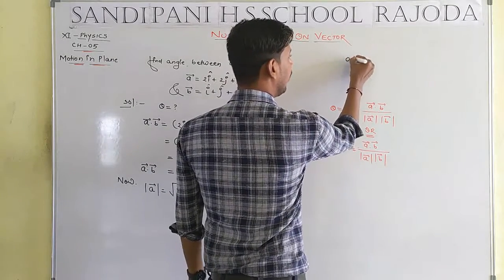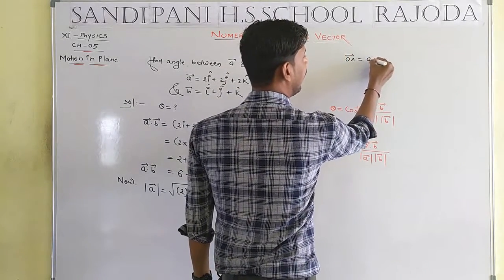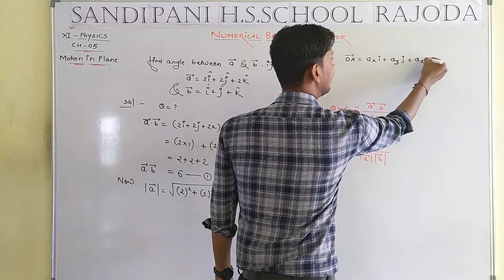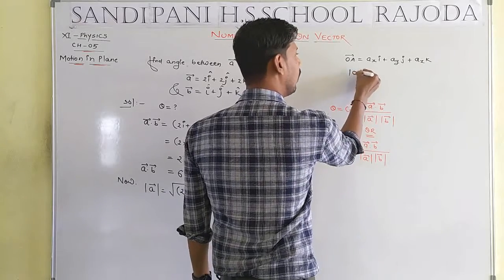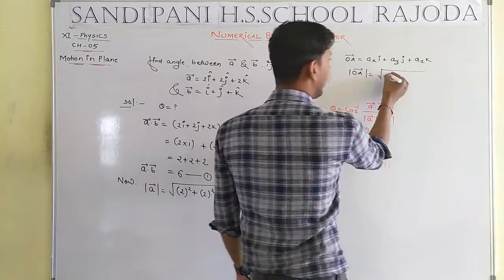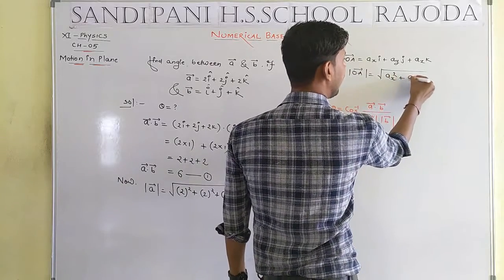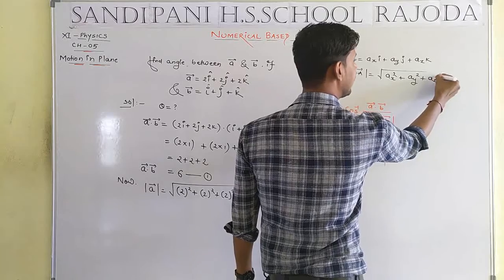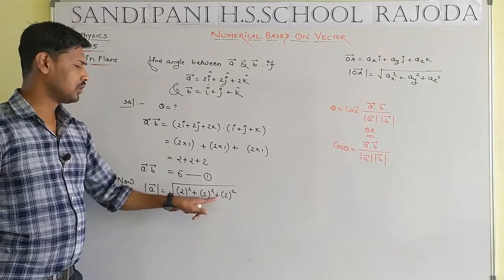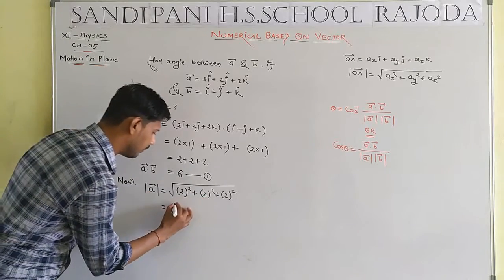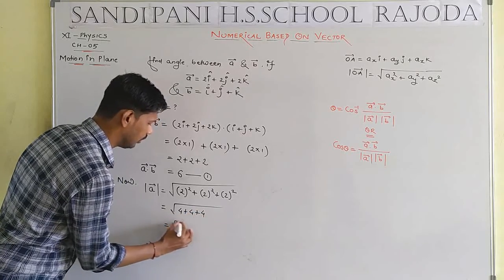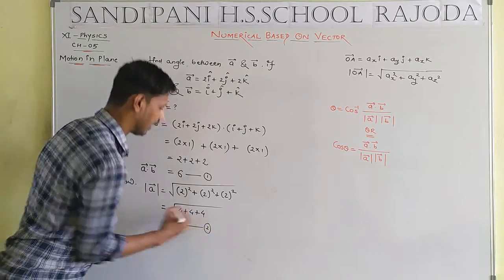If OA is defined by AX i plus AY j plus AZ k, then mod OA is equal to the root of AX square plus AY square plus AZ square. So here 2 square plus 2 square plus 2 square: 2 square is 4, plus 4 plus 4, that means root 12, equation number 2.